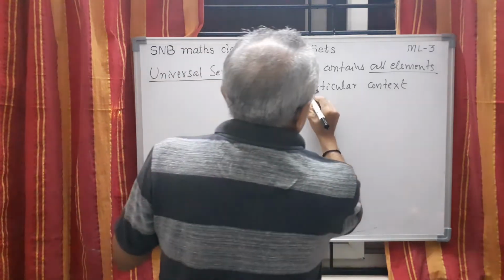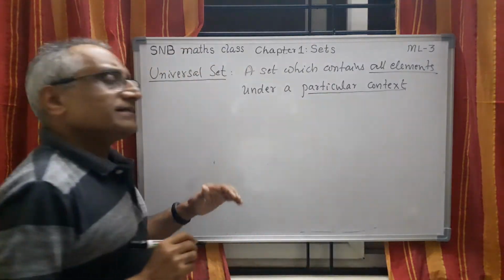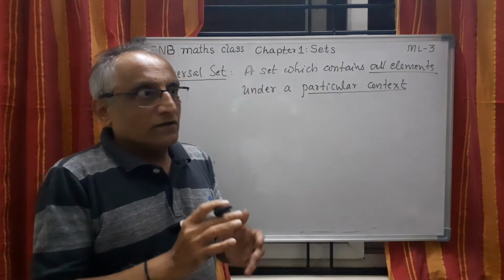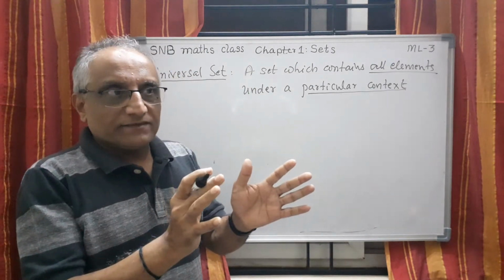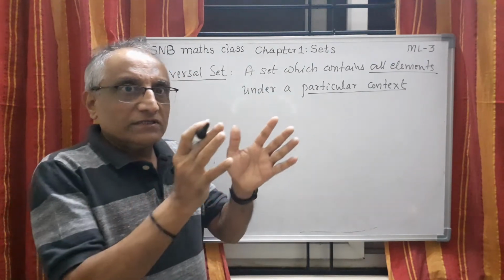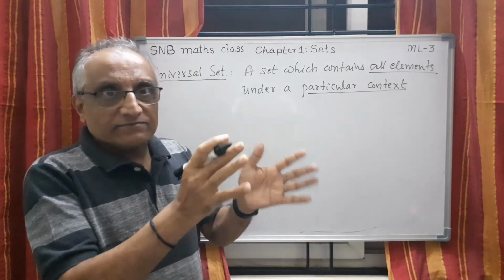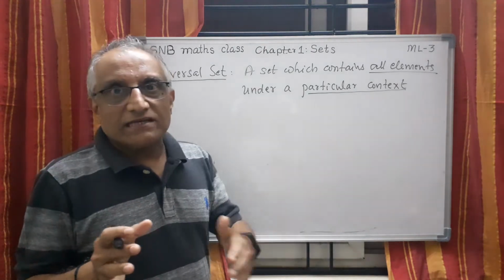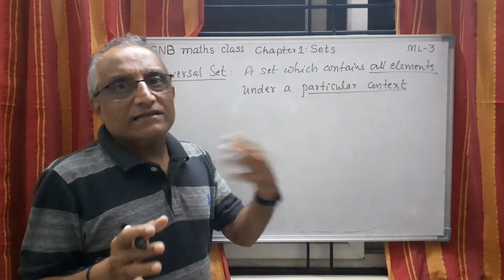So this is very important. Under a particular context, it contains all the elements: all the students of your section, then subsets of that, all the students of your school, then subset of that. It can be section wise, it can be boys and girls, or it can be any other set.